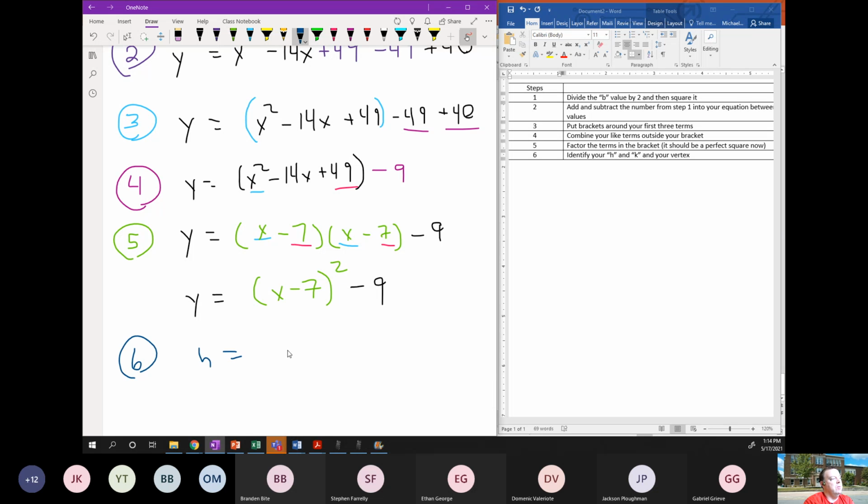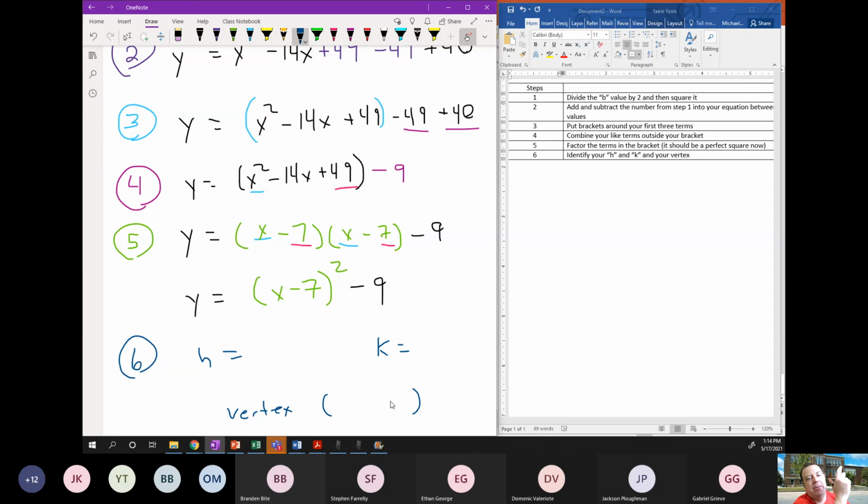Then our last step: what's my H value? What's my K value? And what is my vertex? Other way around.